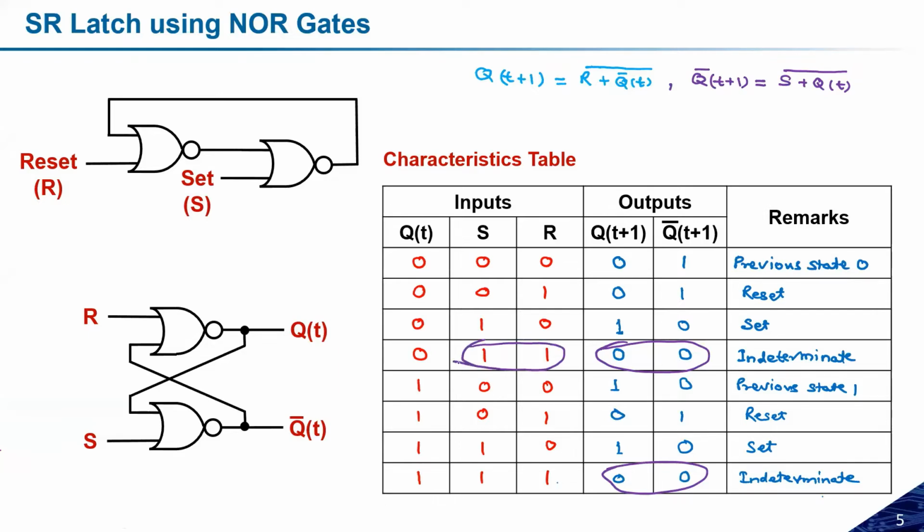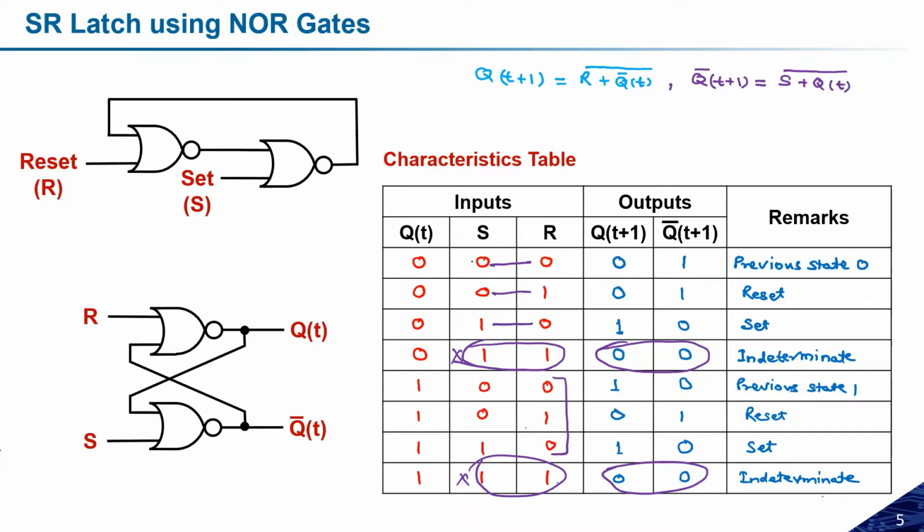If SR is 1 1, then it comes to the indeterminate state, which is not an acceptable case. So this case and this case are not required. What second condition can I see here? If SR are 0 0, then this is an acceptable state. S and R as 0 and 1, this is an acceptable state. 1 0, this is an acceptable state, and the same for this one.